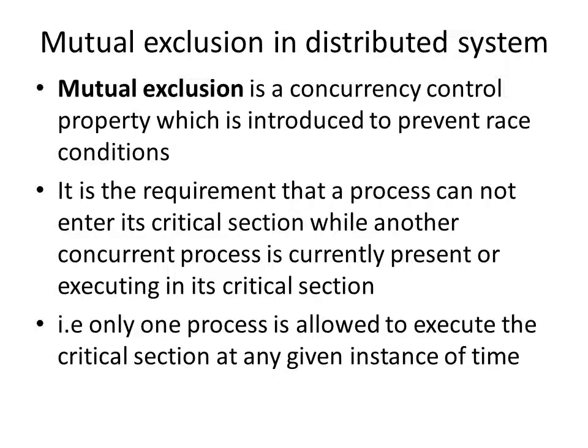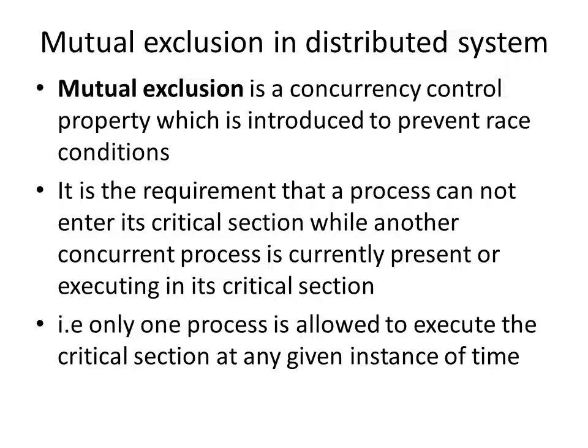Next topic. Now we are moving on to the next topic, mutual exclusion in distributed systems. Mutual exclusion is a concurrency control property which is introduced to prevent race conditions. It is the requirement that a process cannot enter its critical section while another concurrent process is currently present or executing in its critical section.